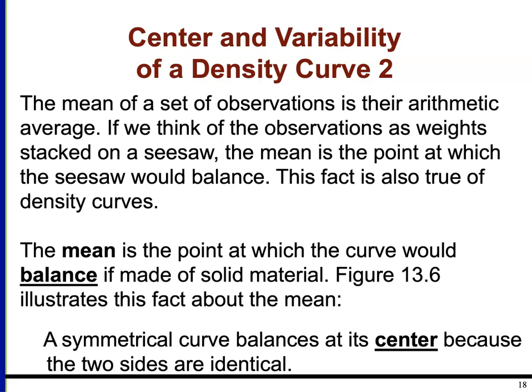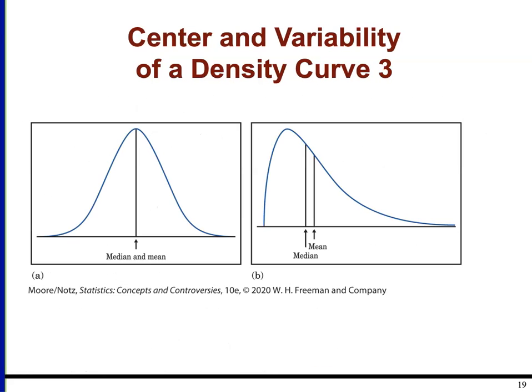Now, when you have a symmetrical curve, it's going to balance at the center as well because the two sides are completely identical, which means that the mean and the median would be the same value on one of these symmetric curves. You can see with this picture that when you have a symmetric curve, the median and the mean are at the same point, whereas on a skewed distribution, you will see that the mean is going to have to go towards that tail in order to balance out those weights.